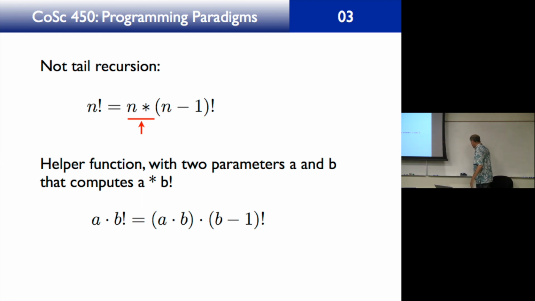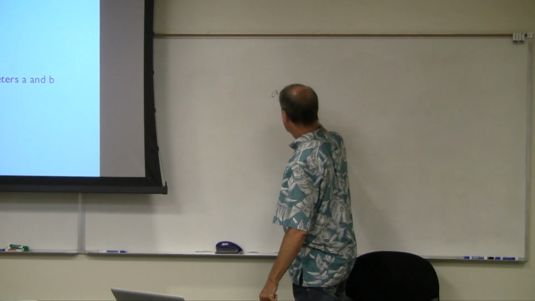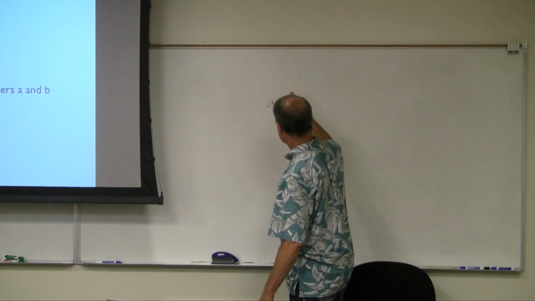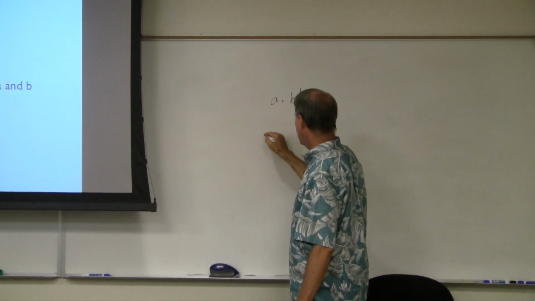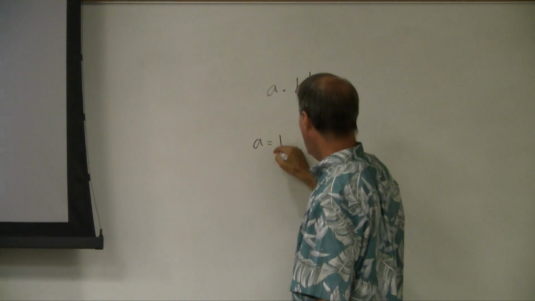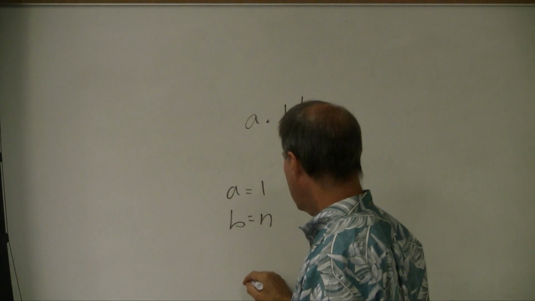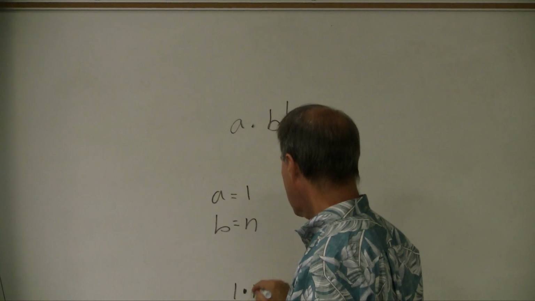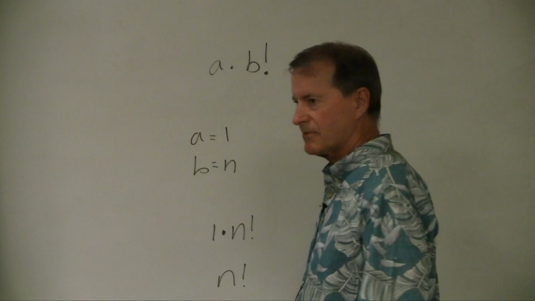So here it computes a times b factorial. So if you give it values a equals 1 and b equals n, then what's it computing? It's computing 1 times n factorial, which is n factorial.